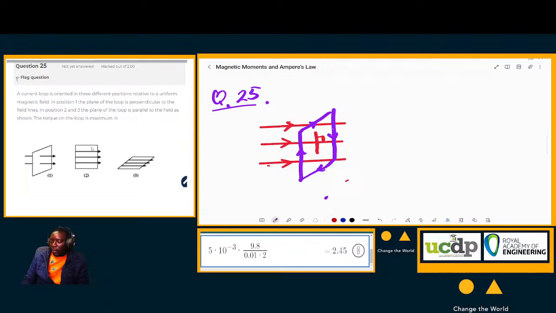then for one part of the segment, we still apply the same rules. So we have a force.